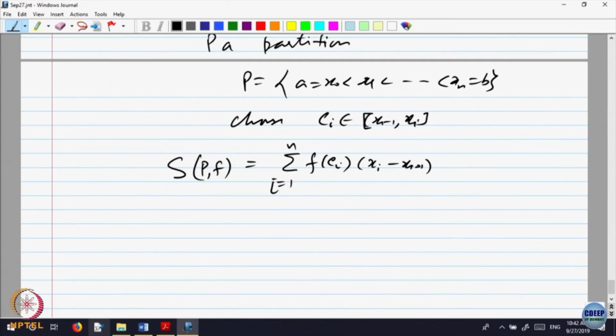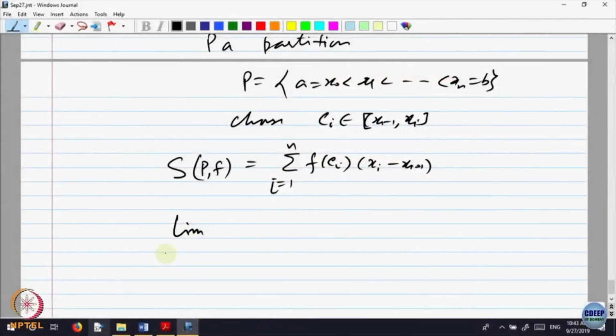Now there are two things one should observe. To define this sum, we don't have to assume f is bounded. We don't have to assume it, because we are looking at the value of the function at some point. So we are taking the height of the function at that point times the length. So the right hand side is meaningful. So this sum is well defined, right?